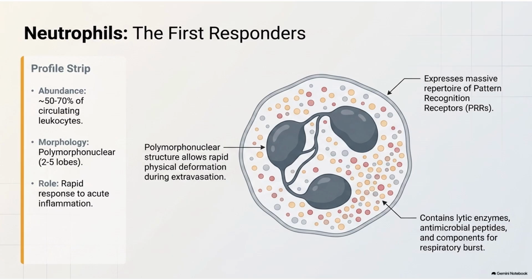So let's go back to our first patient, the person with the infected cut on his hand. Bacteria have crossed the physical barrier of the skin and they're multiplying under the tissue. Resident cells recognize signs of infection and release inflammatory mediators.